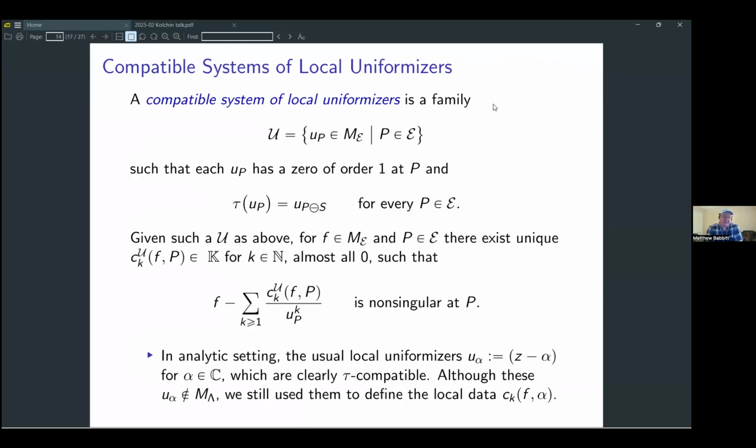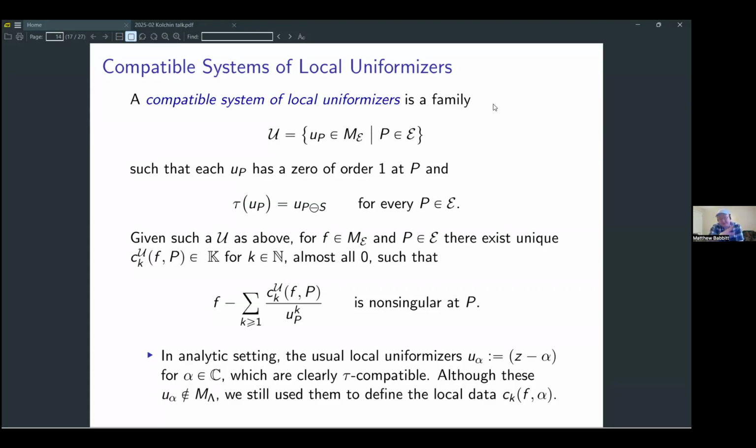There needs to be some greater structure to the local expansions we take, though. Each expansion is done with respect to a local uniformizer, and we need to select those local uniformizers to respect the shift automorphism. So we choose a compatible system of local uniformizers such that the shift of u_P at a point P is u_{P minus s}. Okay.